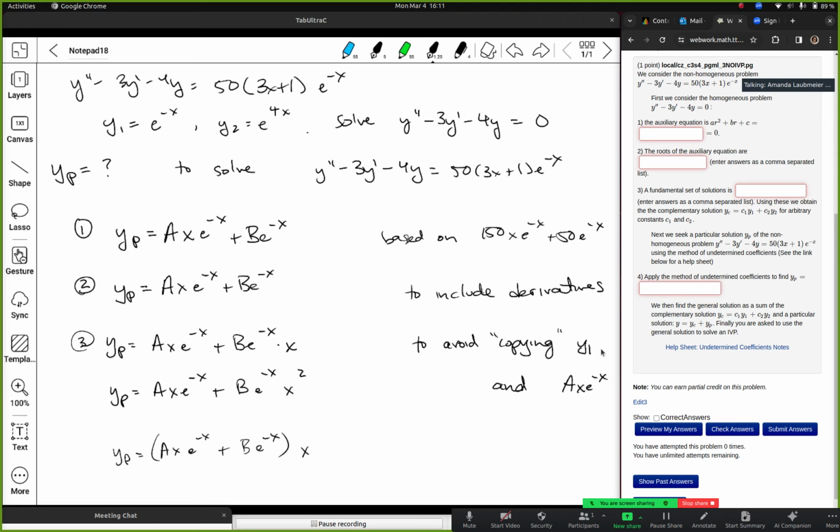But for example, if my y sub p had started a sine x plus b e to minus x, I wouldn't want to multiply this unrelated term by x. That would actually cause problems for me. So just so you know, you should not be doing this. In general, that's not going to work out. It just works out in some nice cases.